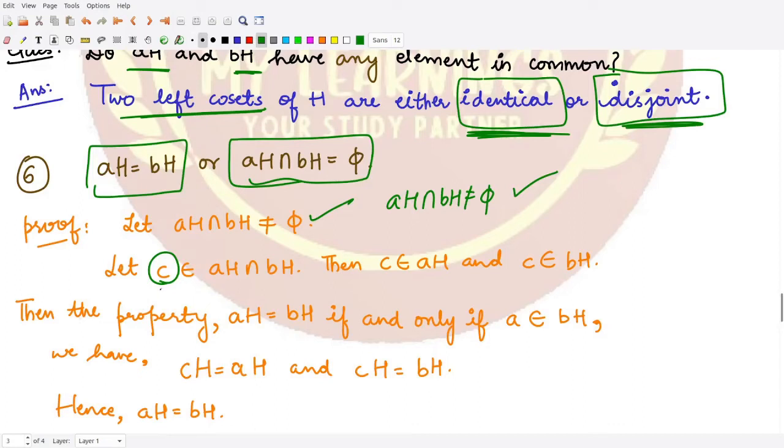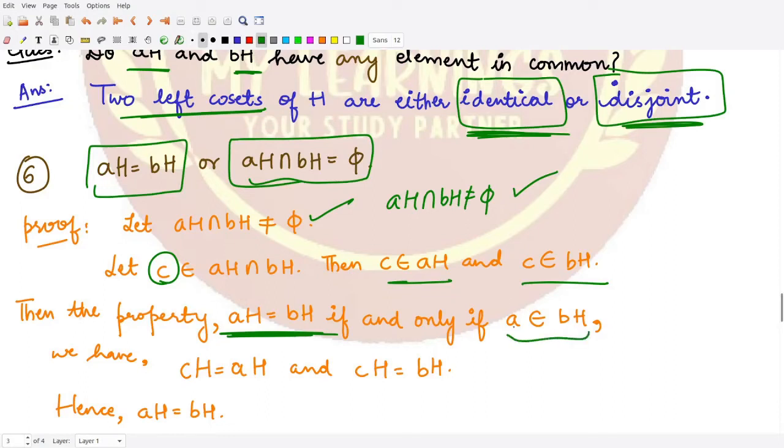That means C would be a member of AH and C would be a member of BH as well. According to the property that we have studied, AH is equal to BH if and only if A is a member of BH.